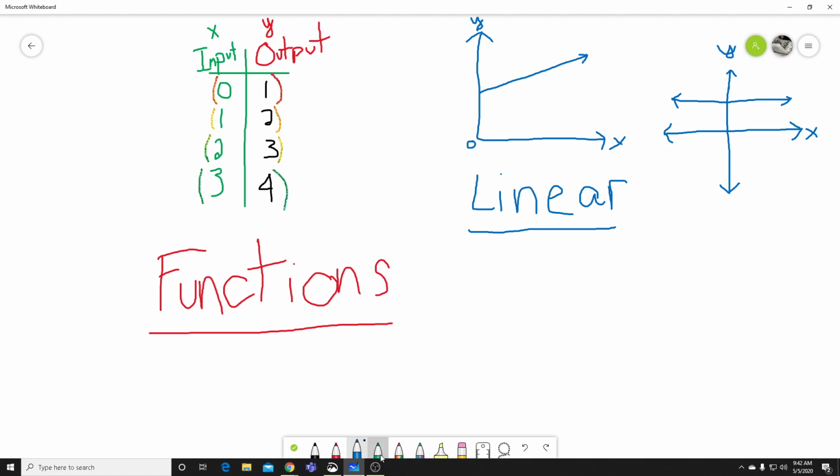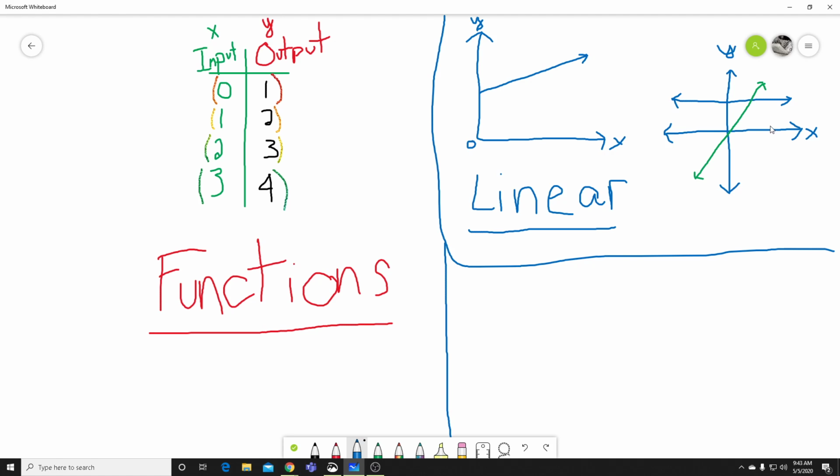You could have a line like this. I know I'm not drawing perfectly straight, but these are supposed to be straight lines. Okay? So what we see here is a linear graph. When we're looking at it, it's just a straight line. It's not curving. It's just always doing the same thing.